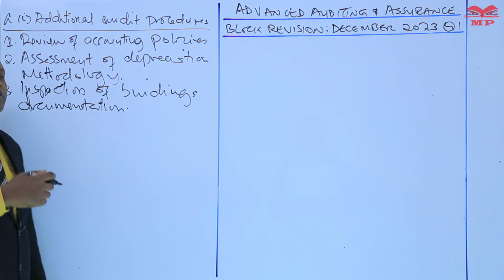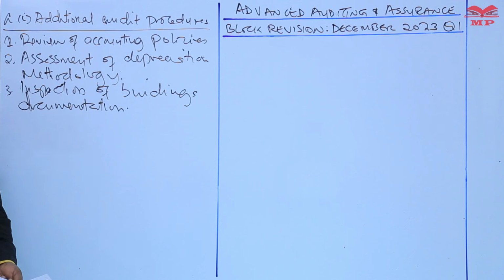The auditor ought to physically inspect the documentation related to buildings, including purchase agreements, title deeds, and any other relevant contracts. And by so doing, the auditor can verify the accuracy of the acquisition costs and also ensure that no impairment or changes in the useful life have occurred since acquisition.